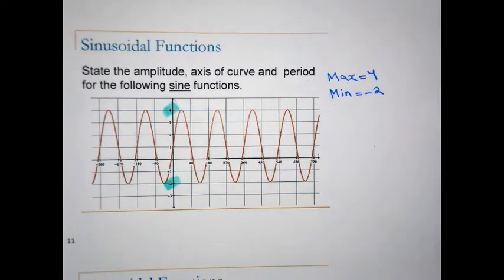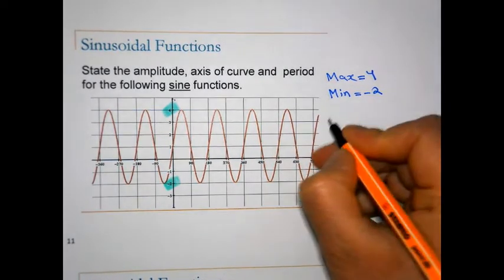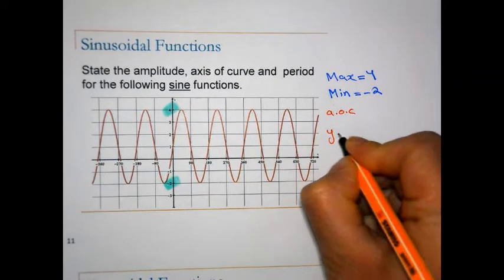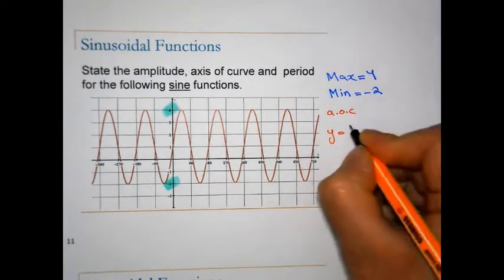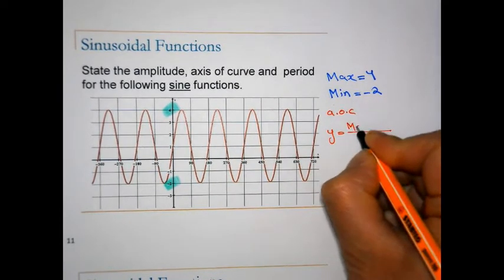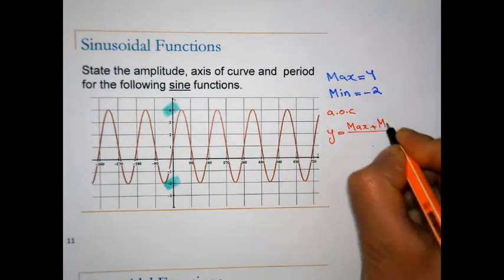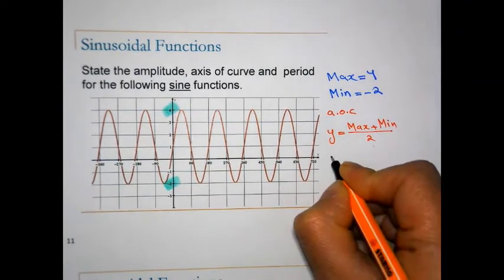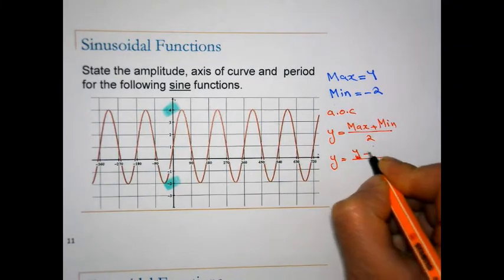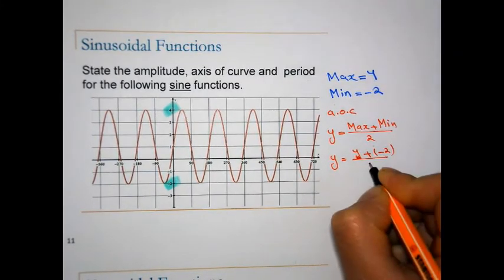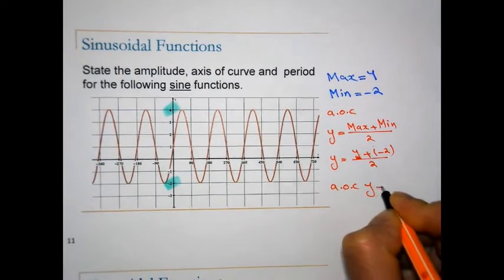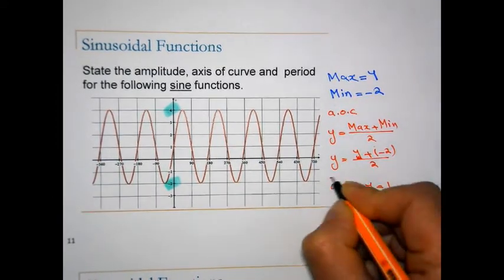Now we know that axis of curve y equals max plus min divided by 2. So y equals 4 plus negative 2 divided by 2. So the axis of curve is y equals 2 over 2, which is 1.